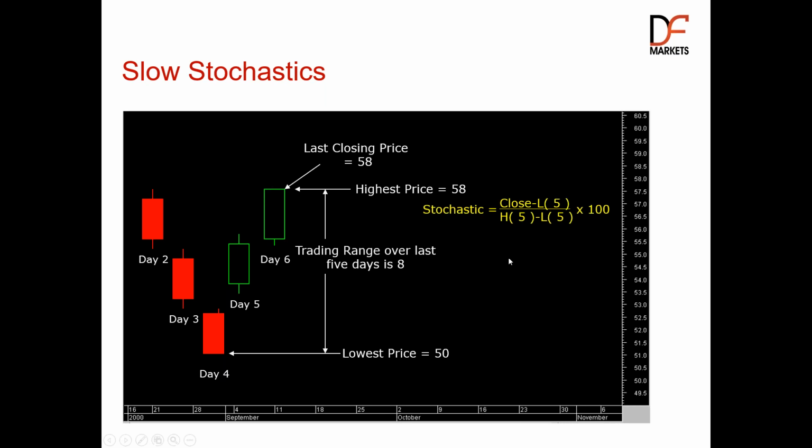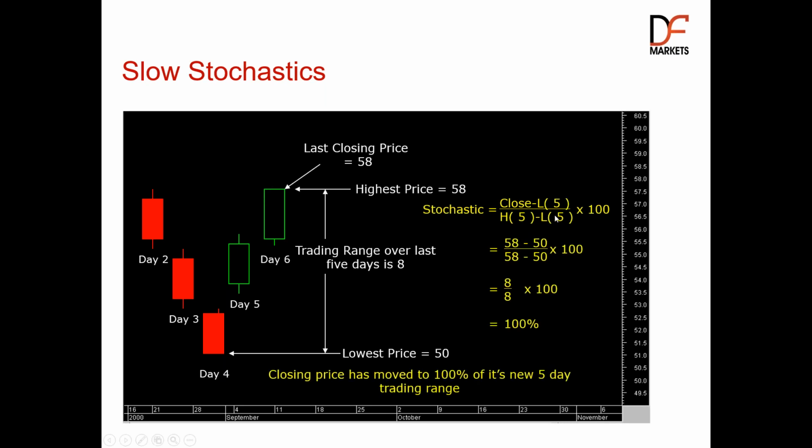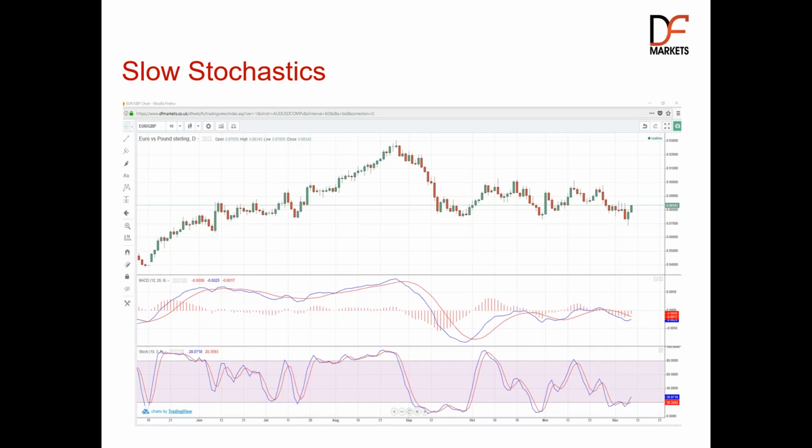And again, if we do the maths using the stochastic calculation here, we come out with a reading of 100%. We have closed at the highest point of that 5-day range. Okay, so you can see how this is calculated, hopefully, and that is the raw reading of the fast stochastic.